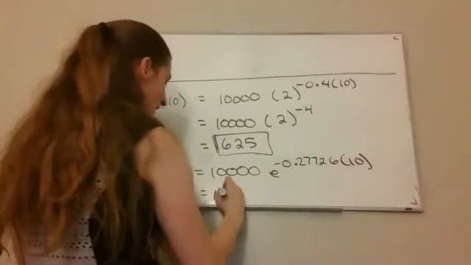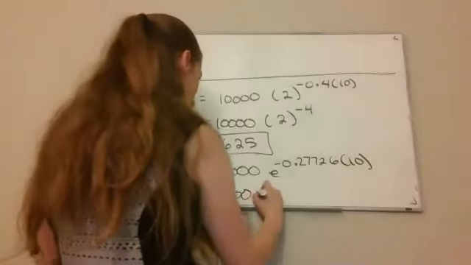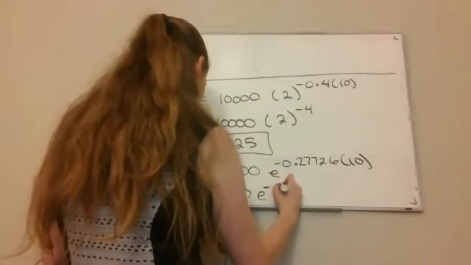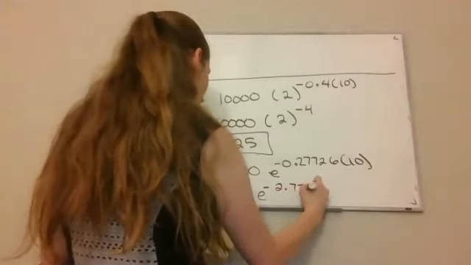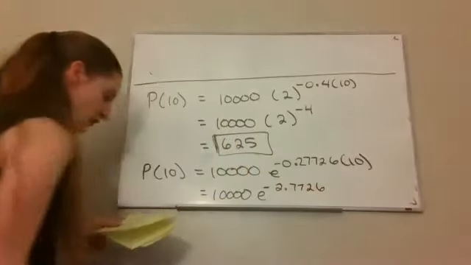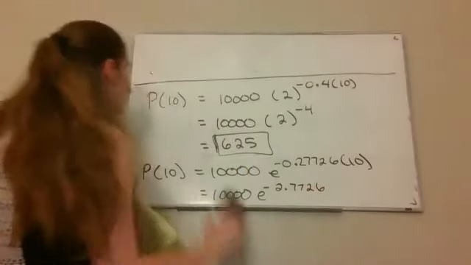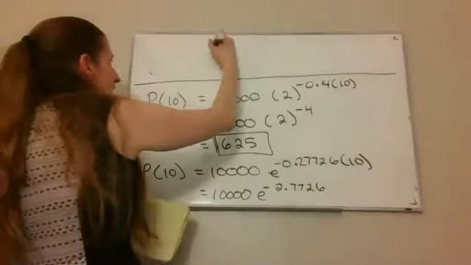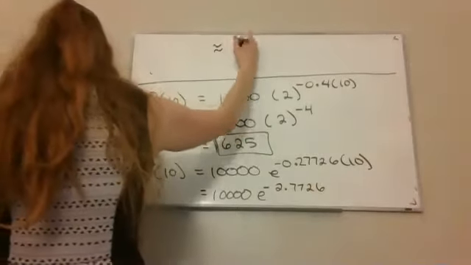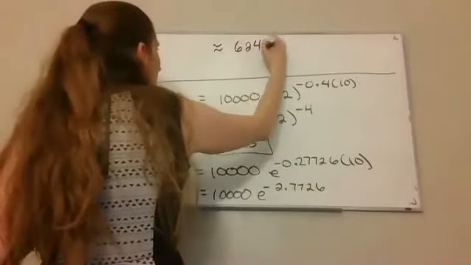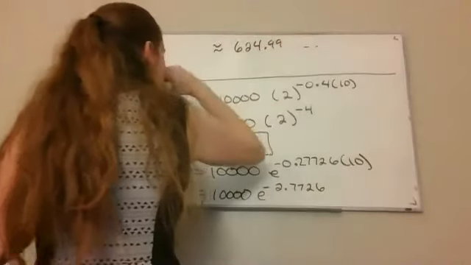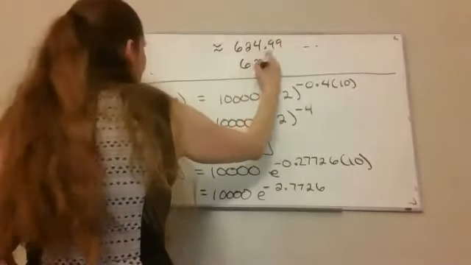Which is the same thing as 10,000 e to the negative 2.7726. And when you type that into your calculator, you get that it's approximately equal to 624.99 something, which is about 625.